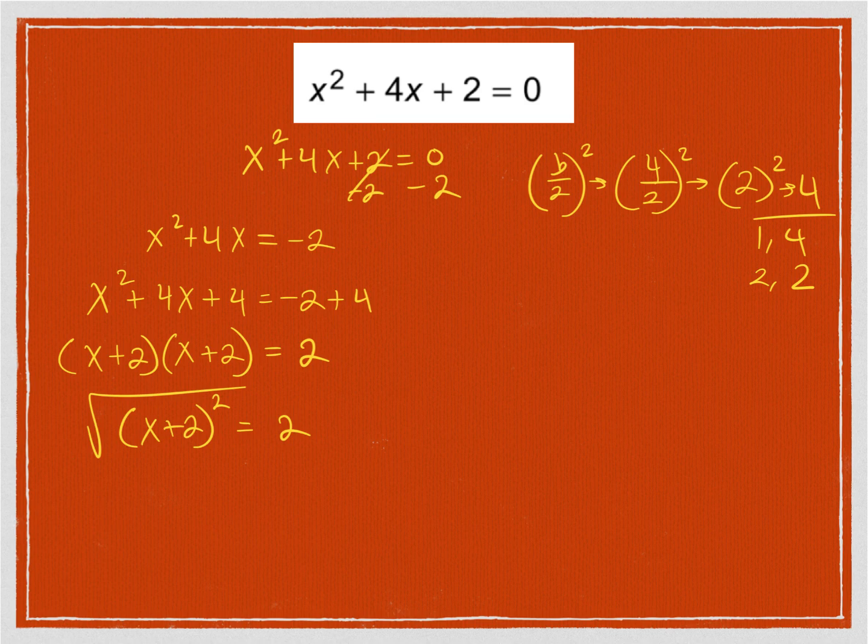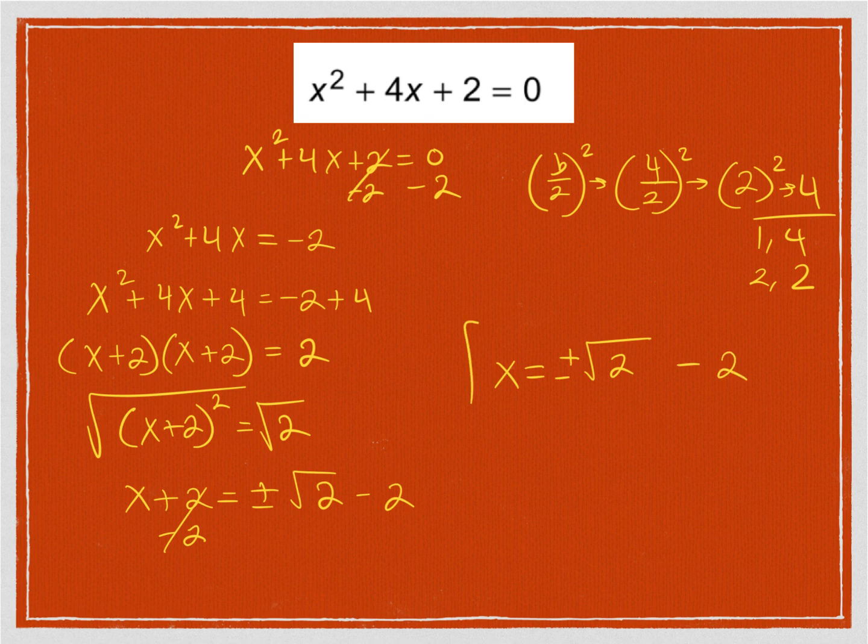I'll then go ahead and take the square root on both sides. So I'm left with x plus 2 is equal to plus or minus root 2. I'll subtract 2 on both sides, and I'm left with the final answer of x is equal to plus or minus root 2 minus 2.